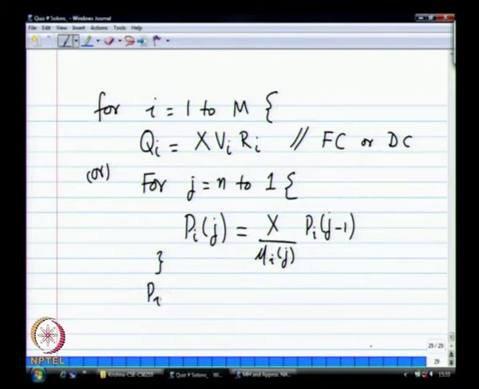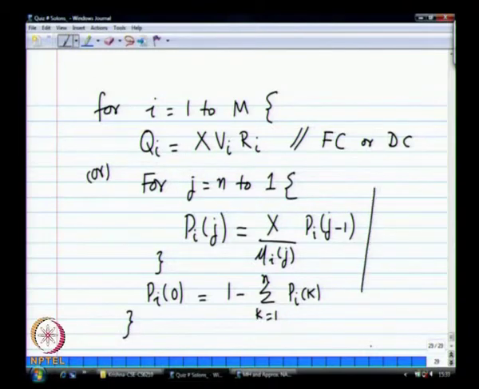And then Pi of 0 is simply 1 minus the sum.